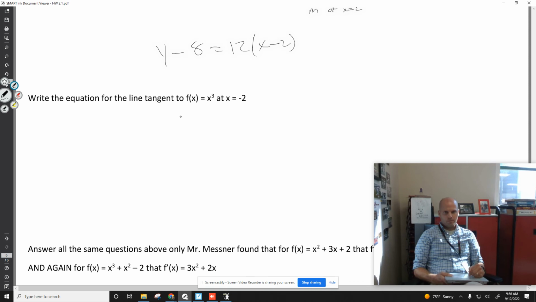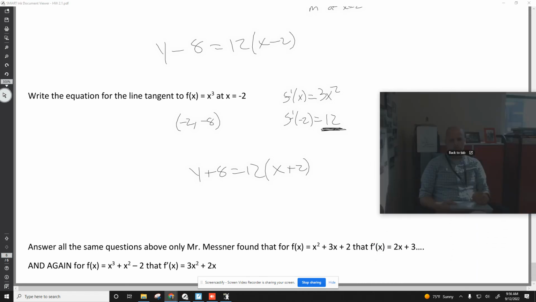Plug in -2, I get -8. Understanding this is the equation that gives us the tangent slopes, plugging in -2 gives us positive 12. Slope of the tangent, point on the function.